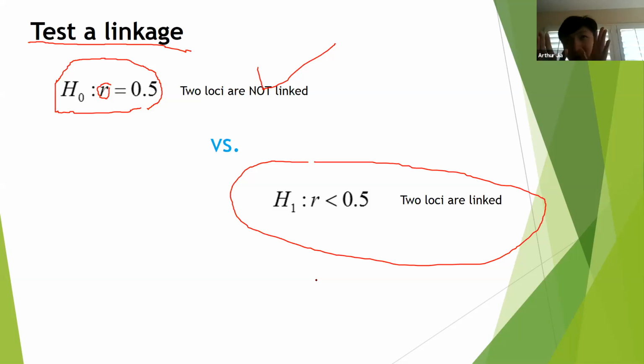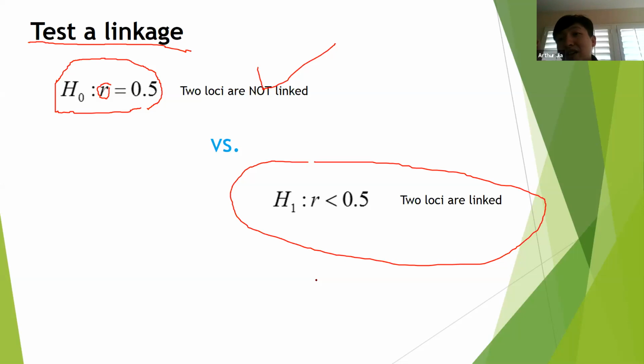So we put the R hat equals 0.41 on trial to see if this data is supportive of the null hypothesis or not. If the data shows that this R is close to 0.5, the probability is big, then we're going to accept the null hypothesis. Okay, these two genes are not linked.